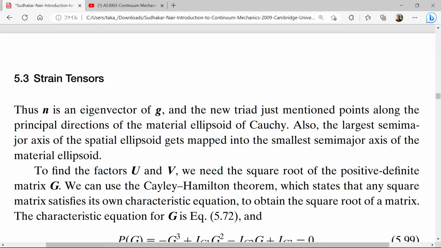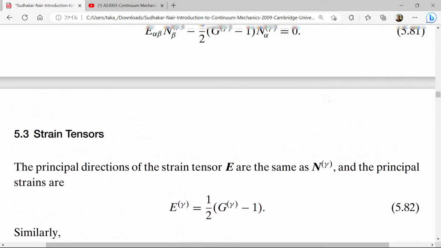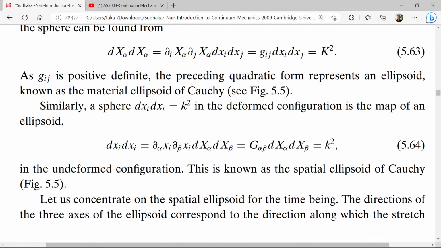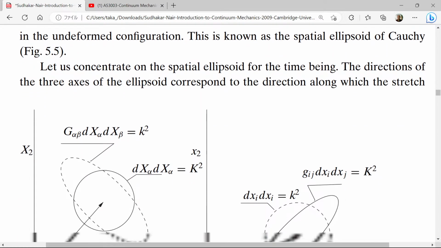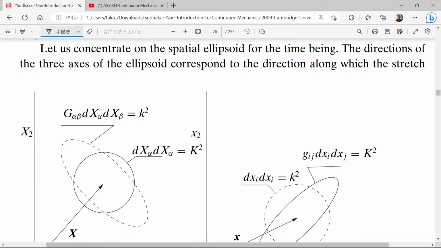What is a material ellipsoid? See, what was the material ellipsoid? This is spatial ellipsoid. Material ellipsoid is this one. This is material ellipsoid and this is spatial ellipsoid.